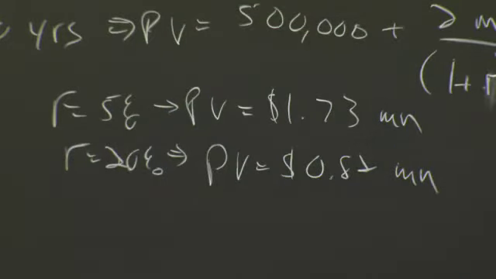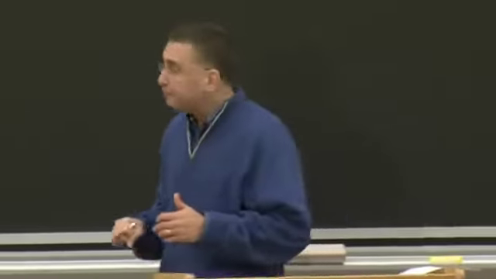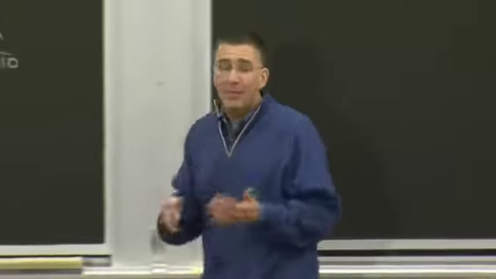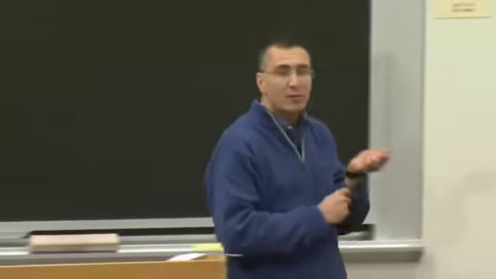So the key is if you ever want to compare two streams of payments that pay off at different times, you have to bring them back to a comparable unit, to today's dollars. And the way we do that is by calculating their present value. A common mistake people make is not considering this in evaluating streams of payments.